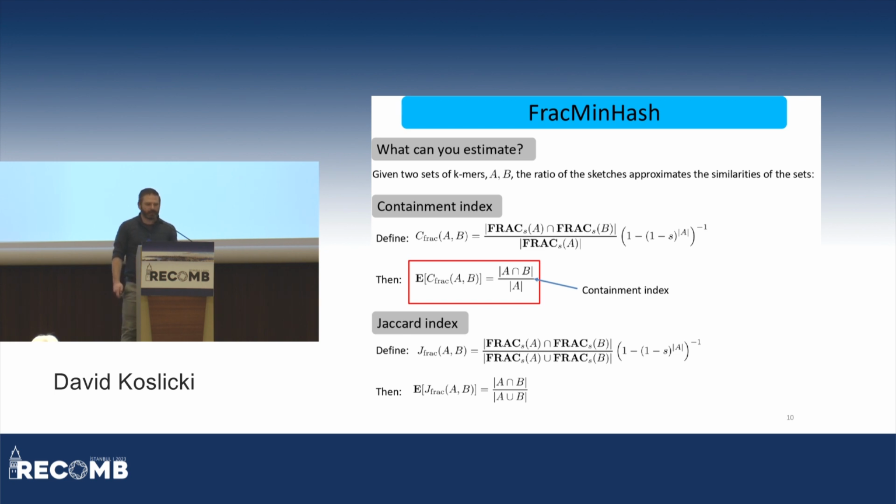And you can play that same game with the Jaccard index. You just take the intersection over the union of these hashes or these sketches, and then you get an unbiased estimate of Jaccard. So we can quickly estimate set similarity. One interesting thing, I'm going to focus on containment index here, and I'll explain in a bit why.